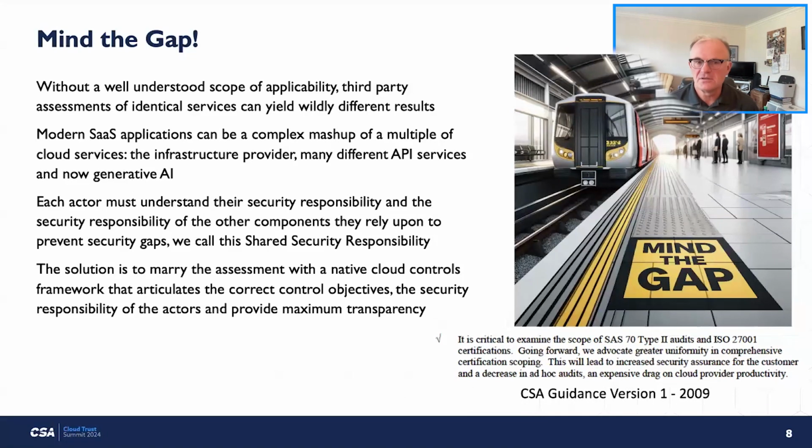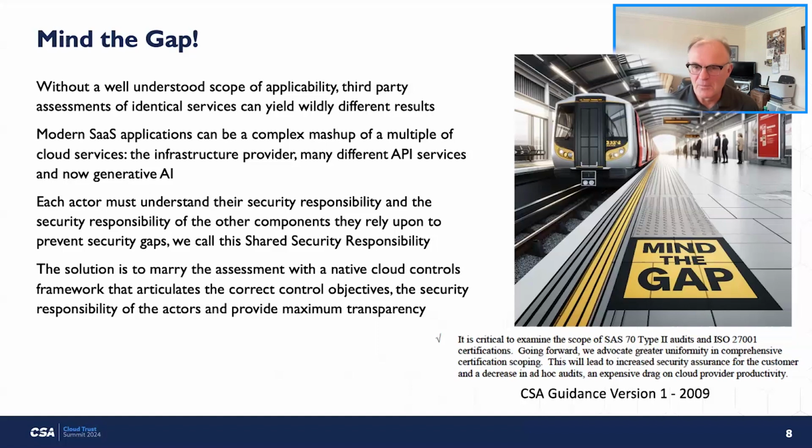So what we need to do is marry the assessments and those conformance frameworks that I've already introduced to you with a native cloud controls framework that articulates the control objectives, that responsibility, and very, very importantly, provides the transparency that's needed. So if you look, that little section of text on the bottom right might be a little hard to read.